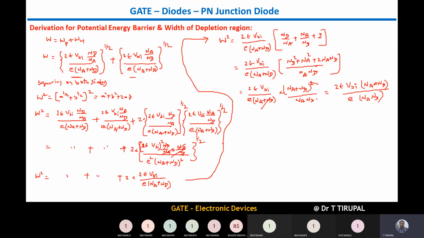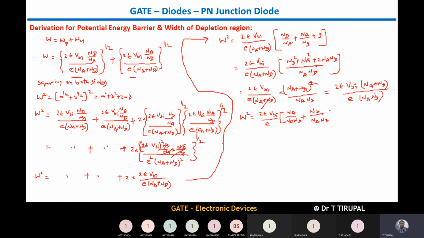That is equal to W square is equal to, split into two parts, 2 epsilon VBI divided by E into, I can write like this, NA divided by NA ND plus ND divided by NA ND.